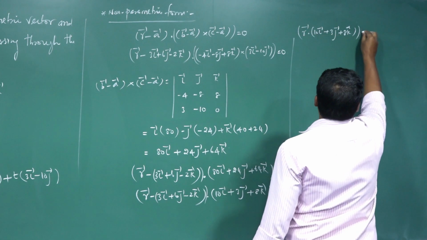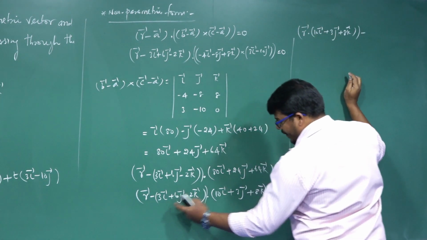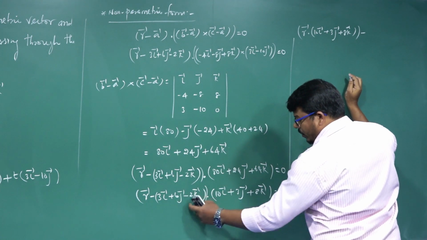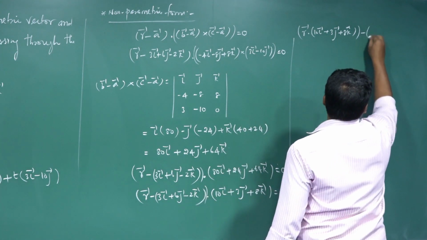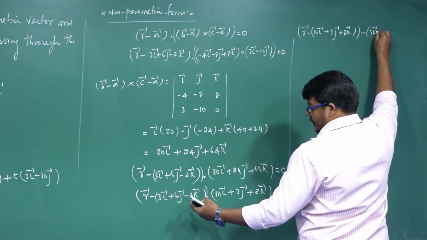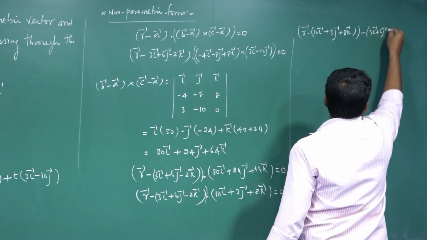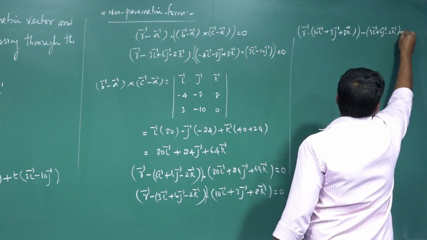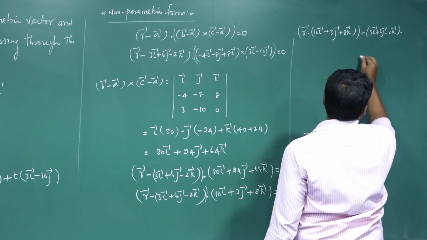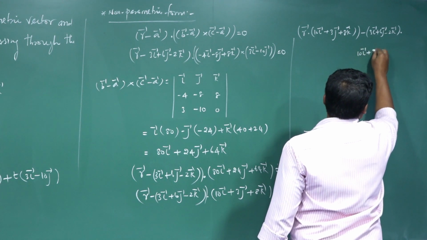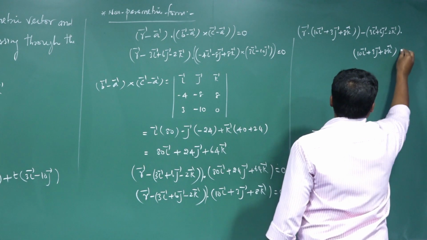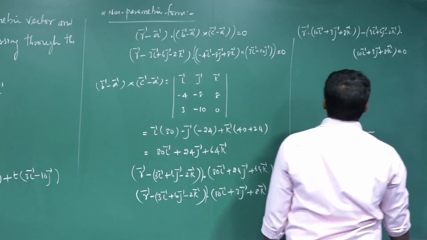Next, minus a vector dot product, 3i vector plus 6j vector minus 2k vector dot 10i vector plus 3j vector plus 8k vector, equal to 0.